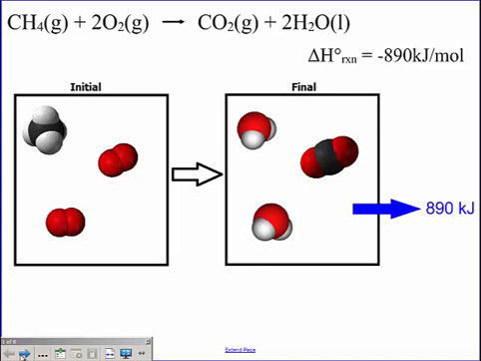Delta H is not an energy value alone. It's an energy per unit amount. Its units are kilojoules per mole. It is the heat change proportional to the amount of each substance in the reaction. You can relate the quantity of heat to any substance in the equation.